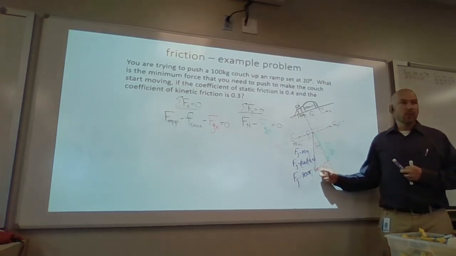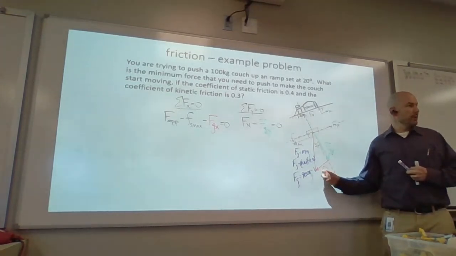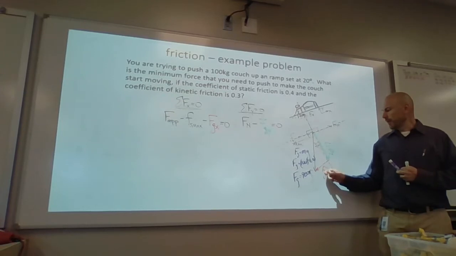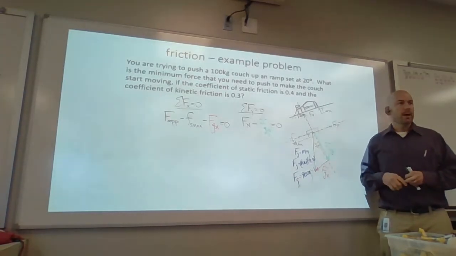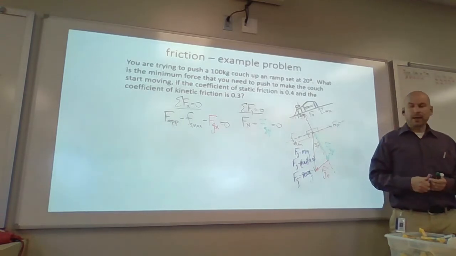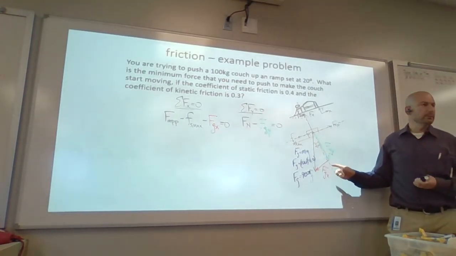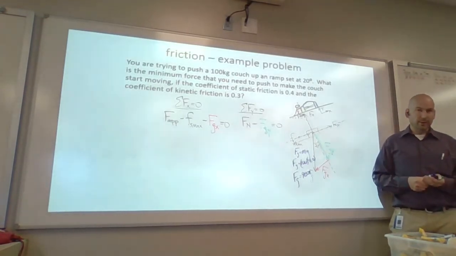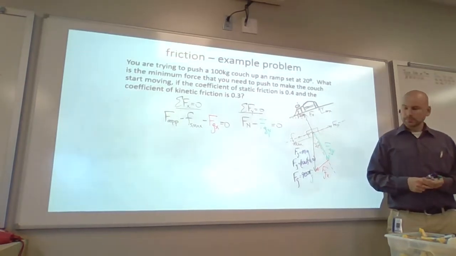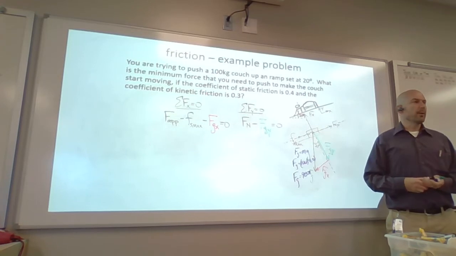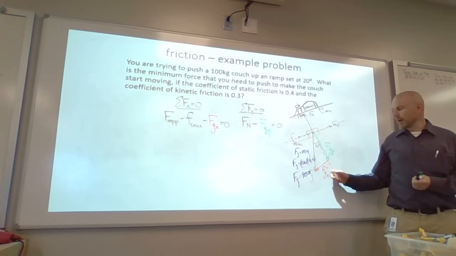Tell your neighbor what side of the triangle this is relative to the 20 degrees. Is it opposite, adjacent, or hypotenuse? The red side. What trig function am I going to use to find that?